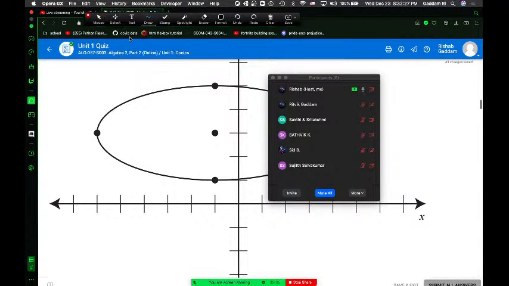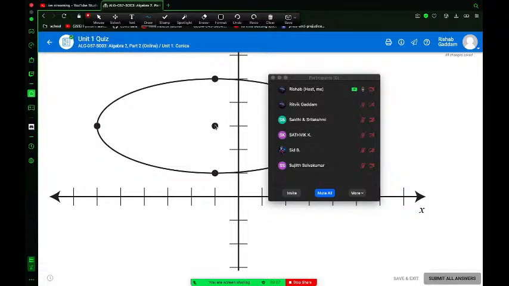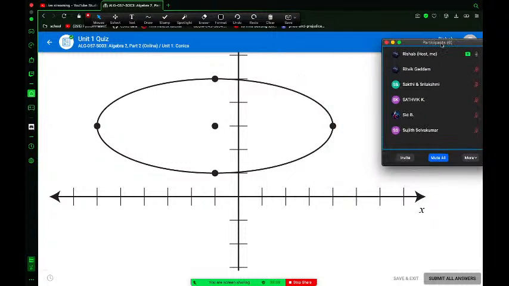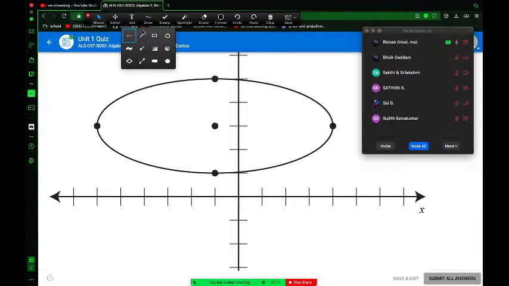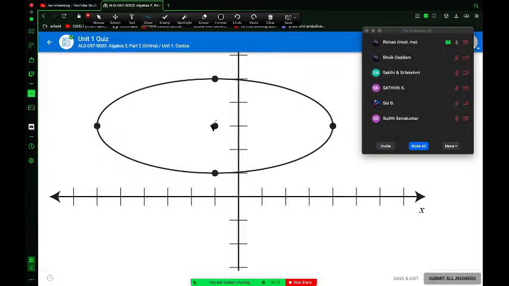Here, this is super easy. Basically, all you have to do is find the coordinates of the center, which is -1 and 3.